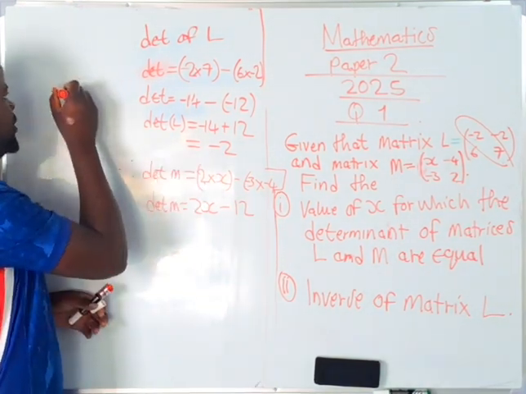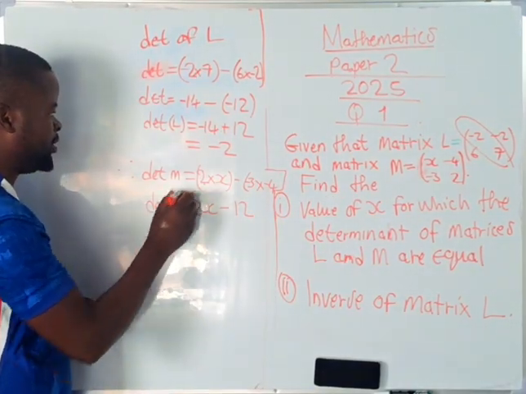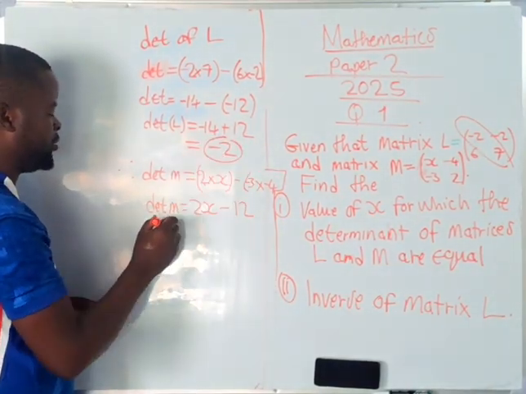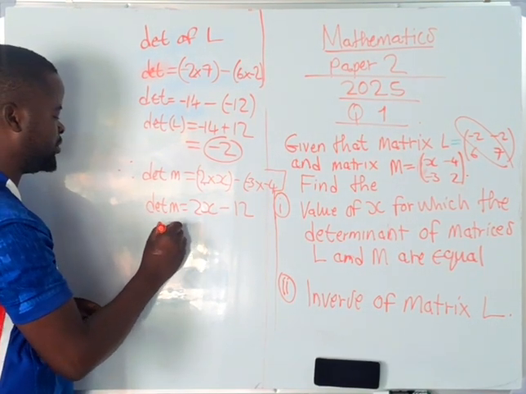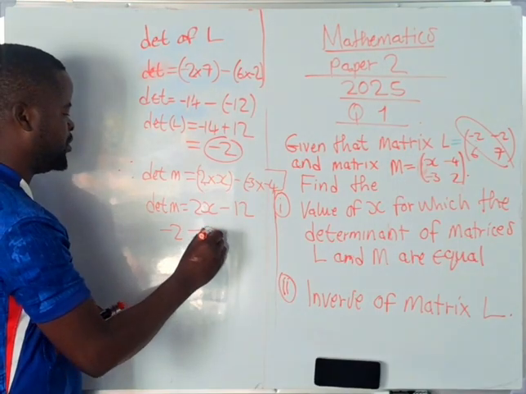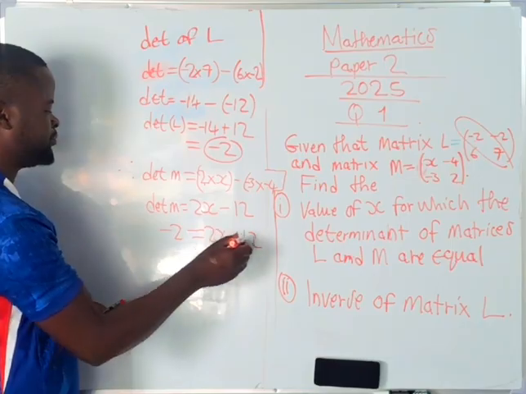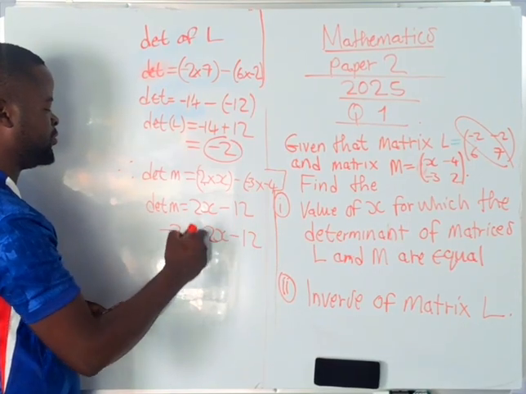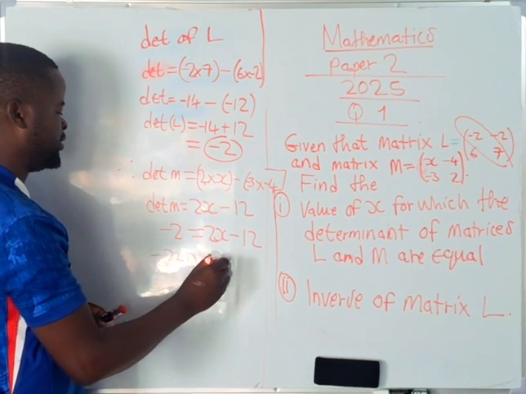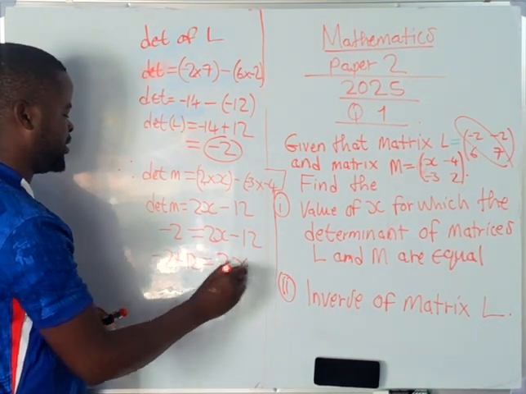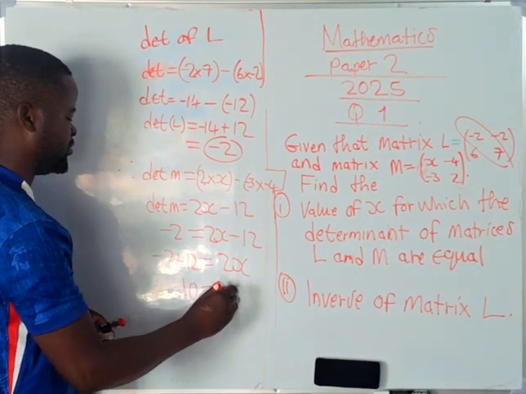Now, remember that the determinant of matrix L is equal to the determinant of matrix M. So where there is det of M, we put -2, which is equal to 2x minus 12. The -12 can cross the equal sign, so this will be -2 plus 12, equal to 2x. -2 plus 12 gives +10, so 10 is equal to 2x.